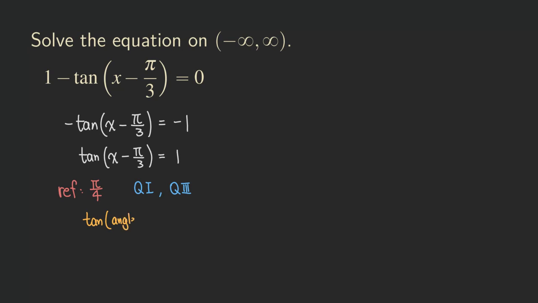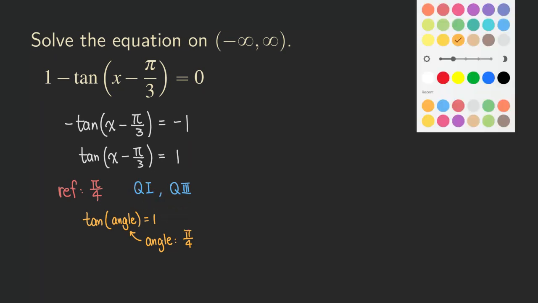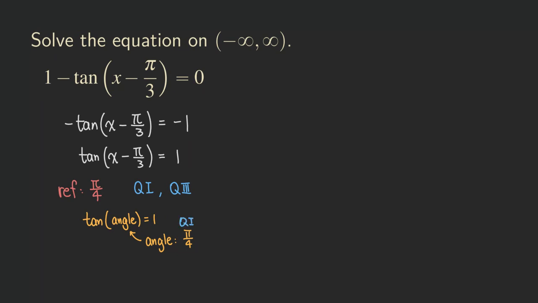Whatever angle that you put inside the tangent, and that's equal to 1, that angle, one of them is going to be what? Pi over 4. That corresponds to quadrant 1. So this one corresponds to quadrant 1.